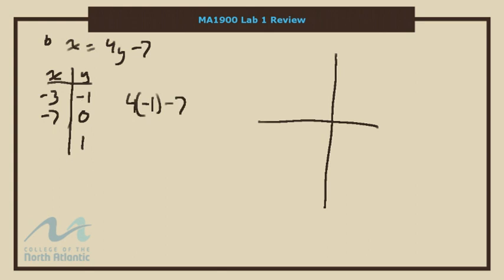I actually put the wrong value in there. That should be down here, guys. I'm sorry about that. And I'll go through that one again just to make sure it's clear. I keep doing that. Still not quite used to using the graphics tablet. So that's going to be minus 4 minus 7, which is minus 11.